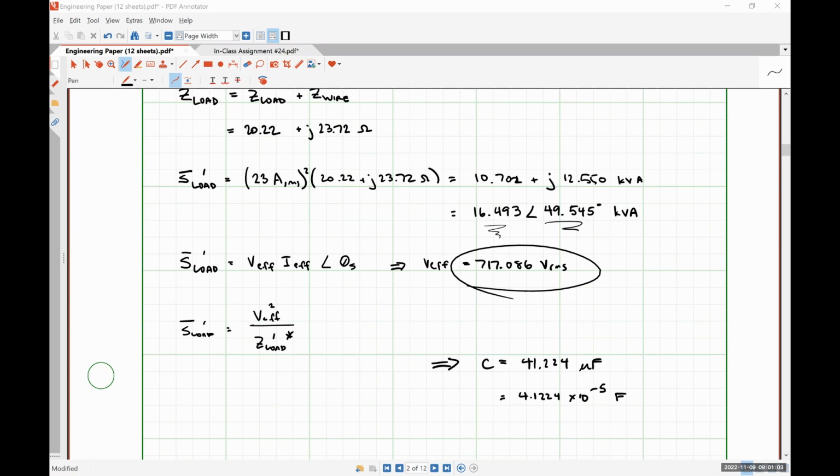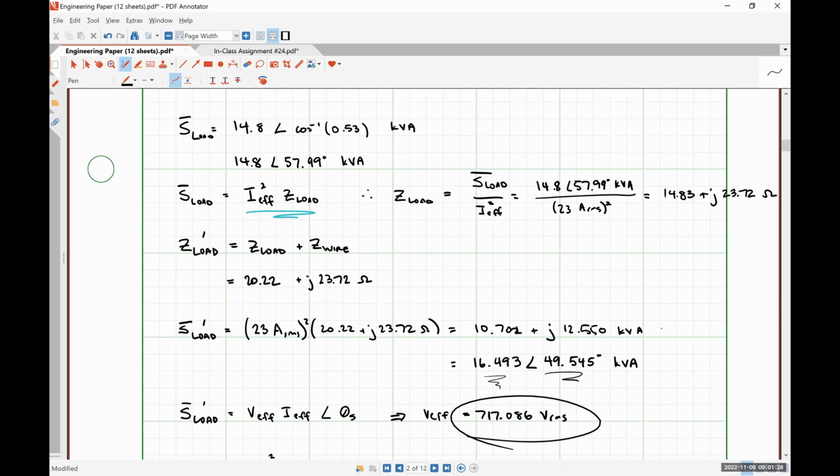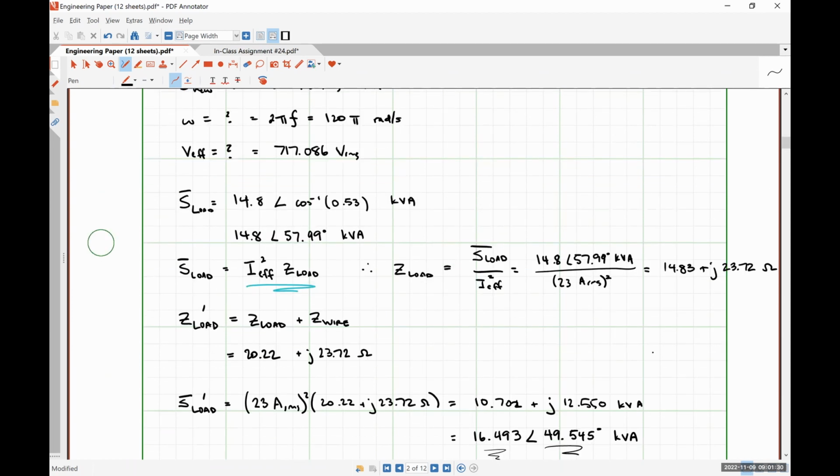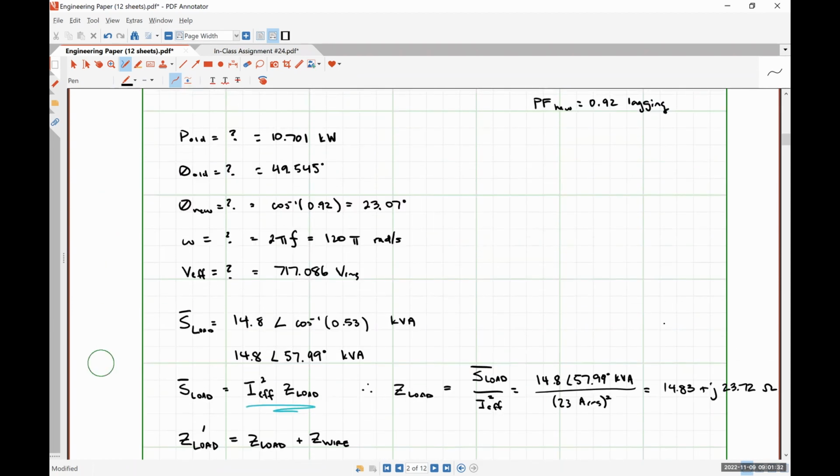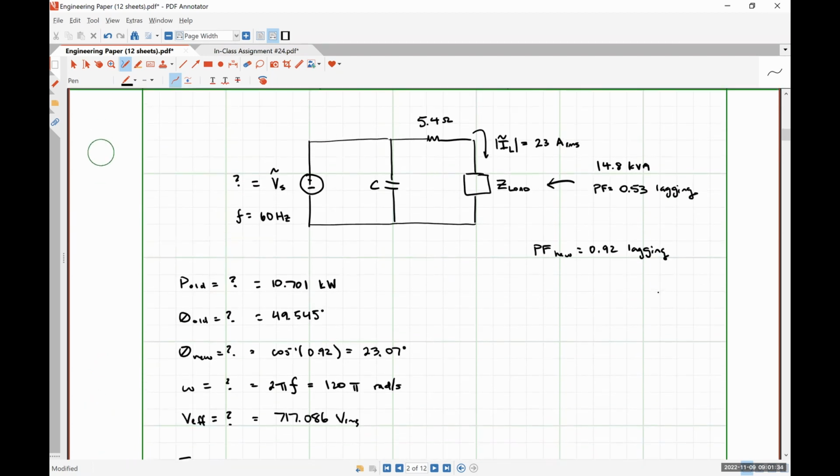Won't say it's incorrect. Let's see if it's just rounding errors. That's a possibility. I believe wholeheartedly that our procedure here is sound. Okay. So we're just going to leave it as this.